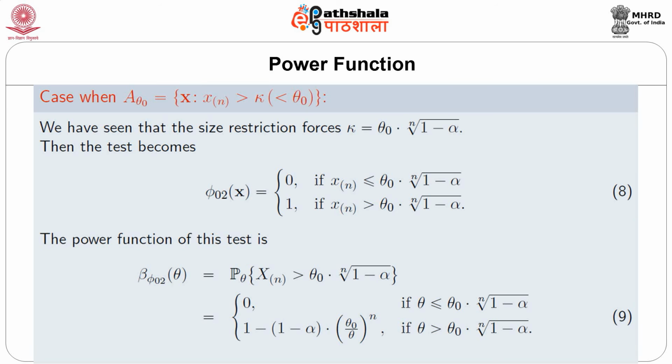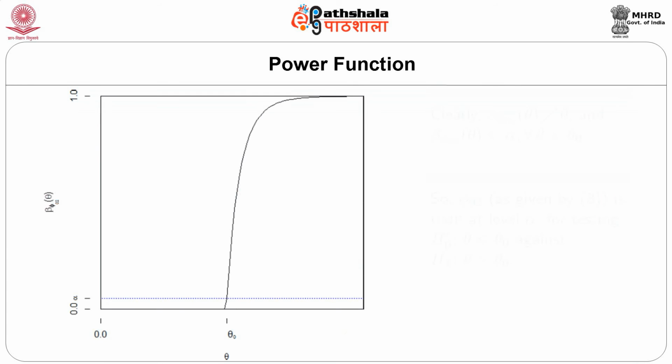We have shown that probability x n greater than b is 0. And if theta is greater than theta naught times 1 minus alpha to the power 1 by n, it is 1 minus alpha theta naught by theta to the power n. This is the power function.